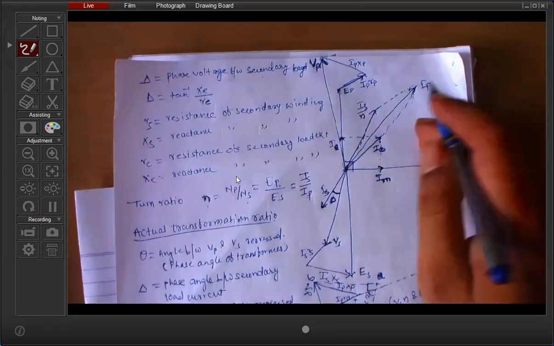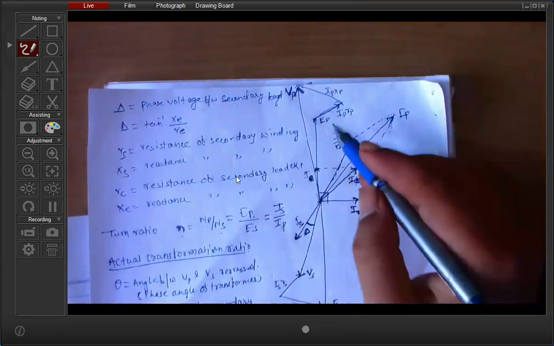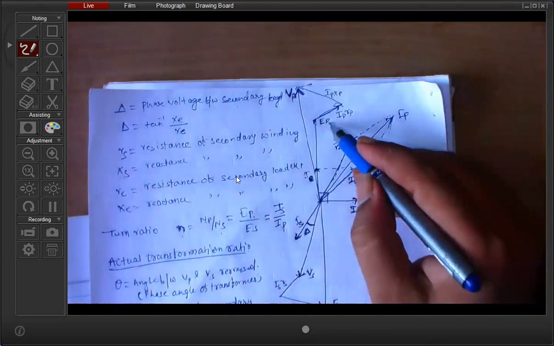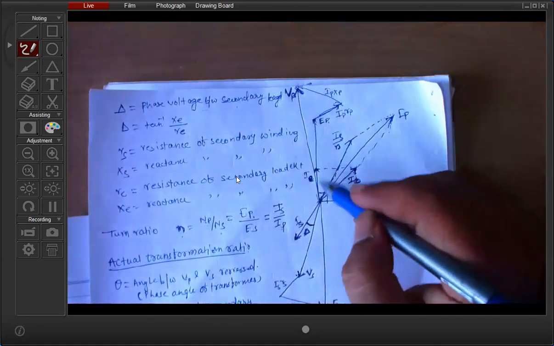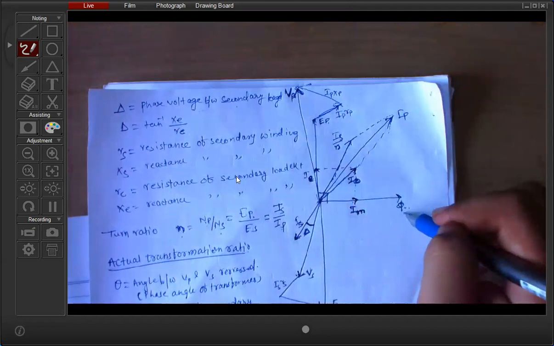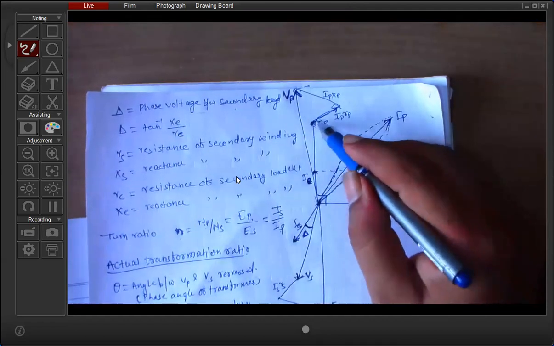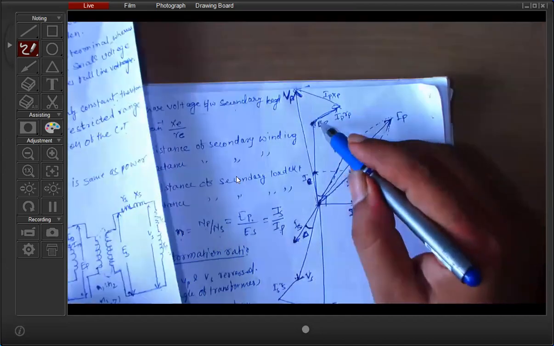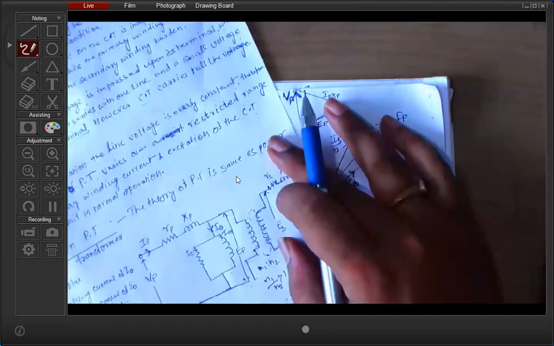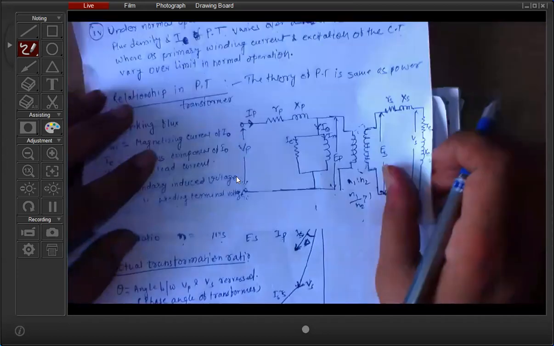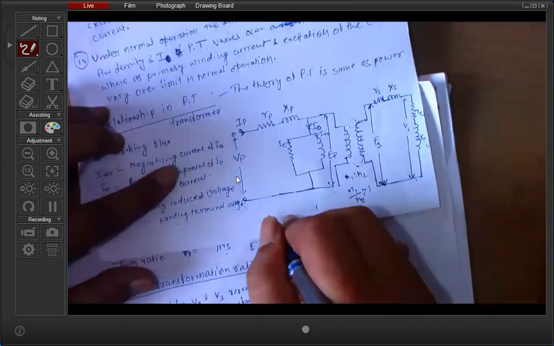Any doubt? Now again, the induced voltage of the primary winding always leads the working flux by 90°. I told you, so total voltage Vp is equal to total voltage Vp. What is the value of Vp?